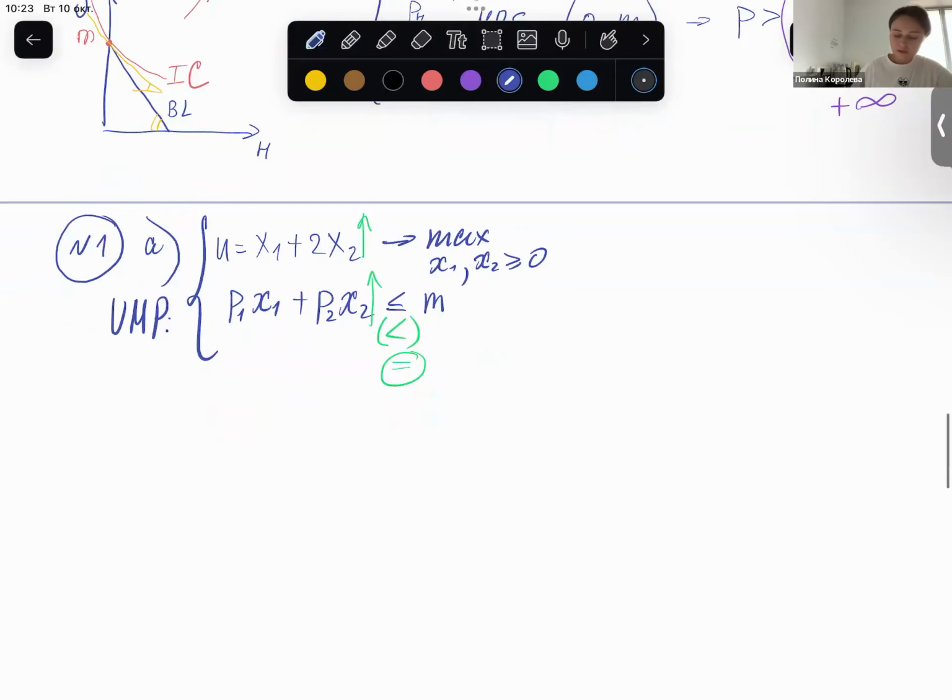Now let's draw such a situation. Actually, we will have 3 situations, but let's consider the first one. Here is x1, here is x2. First, you draw the budget line, as always. Here, the maximal amount of x1 and x2.